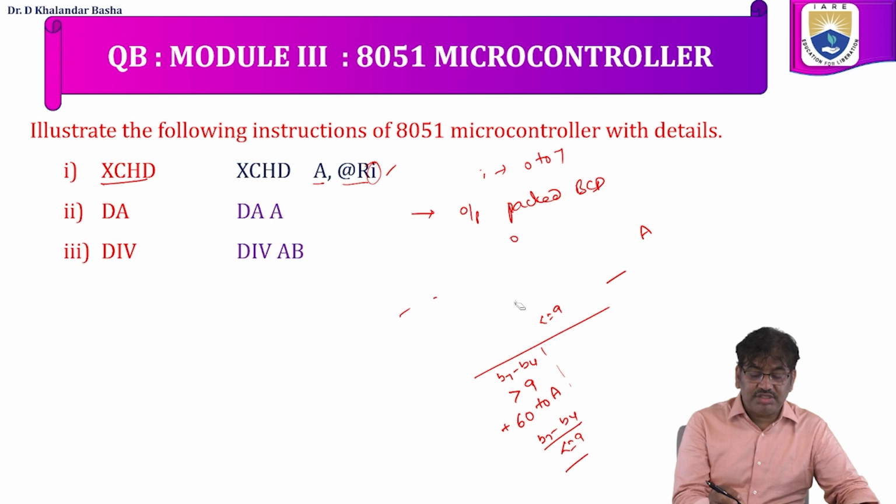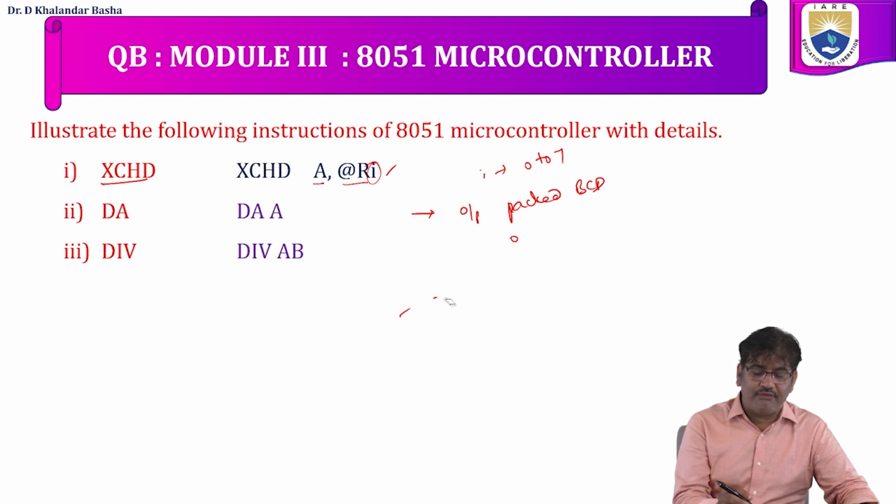The next instruction is the division operation. For division, values should be provided only in the accumulator and B register. The dividend we have to place in the accumulator, and the divisor in the B register.